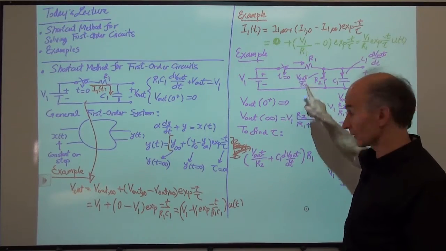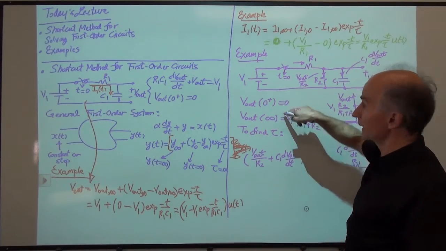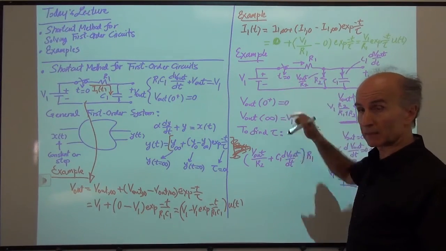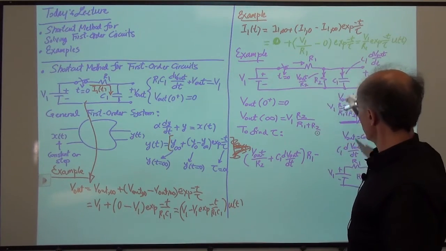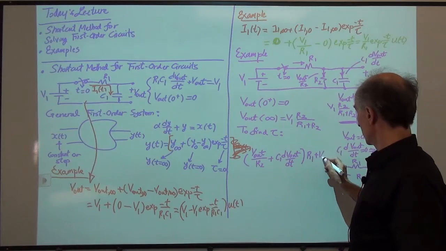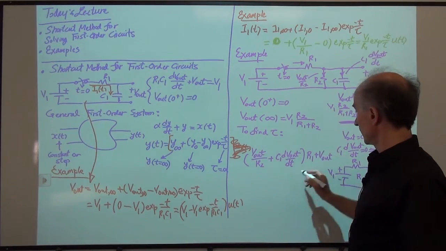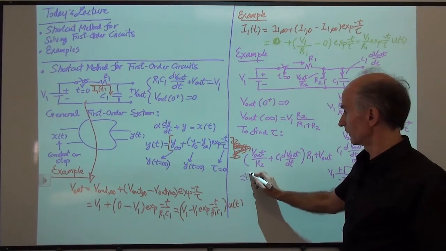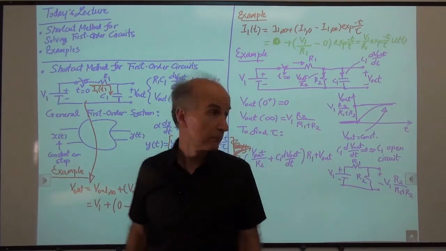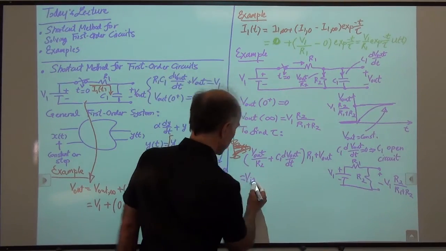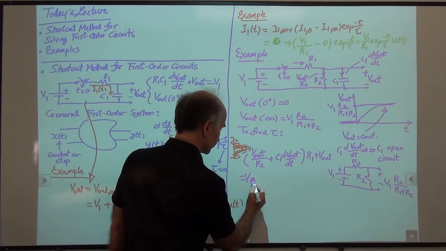This current times this resistor is this voltage. And now we can write a KVL. So this voltage plus V out is equal to V in. Or V in this case is called V1.